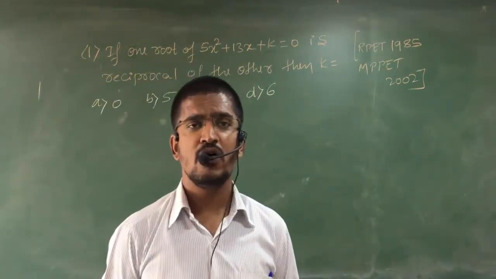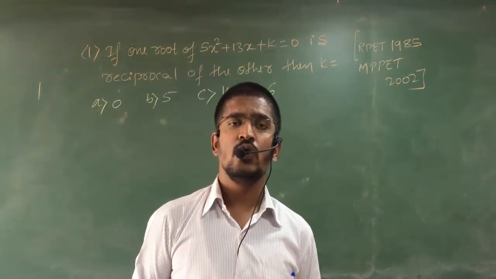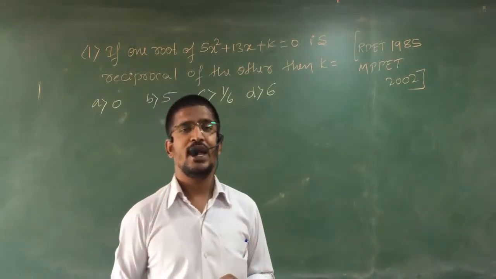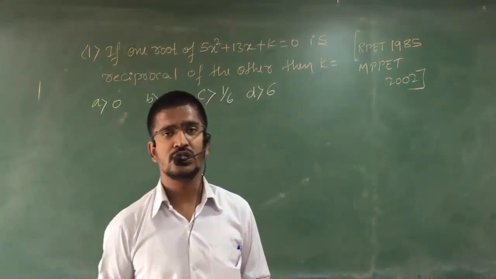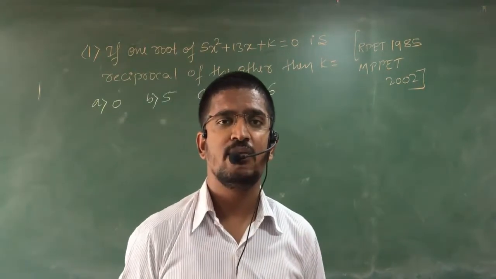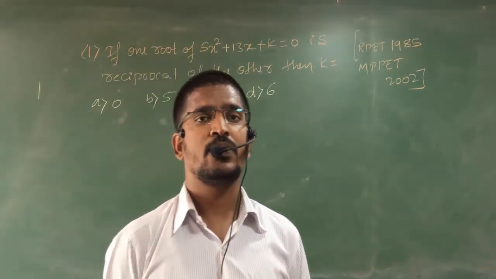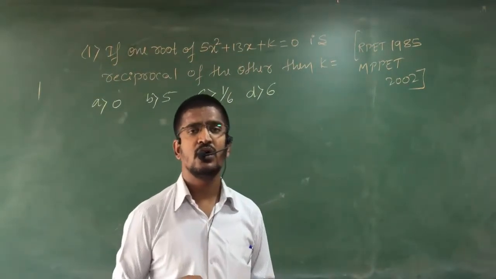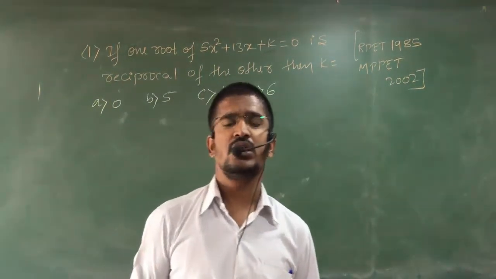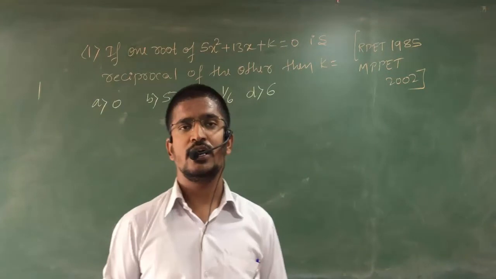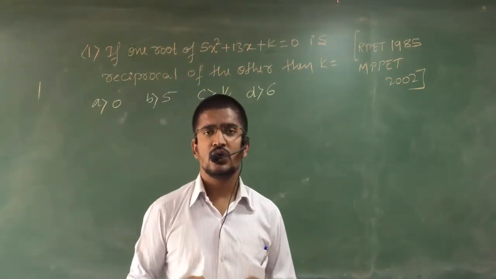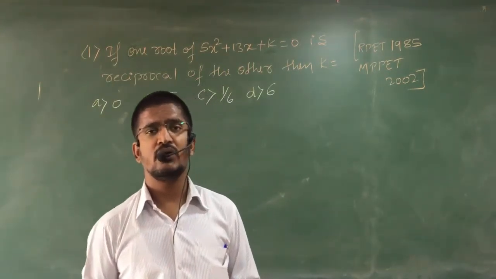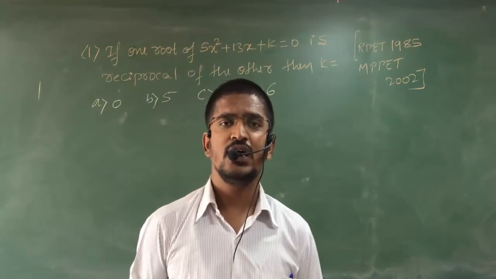Therefore the sum of the two roots will be equal to minus b by a and the product of the two roots will be equal to c by a. That is the first point. And the second point is representation of an algebraic equation using the roots. That means the roots of the algebraic equation will already be given and then you have to find the equation.